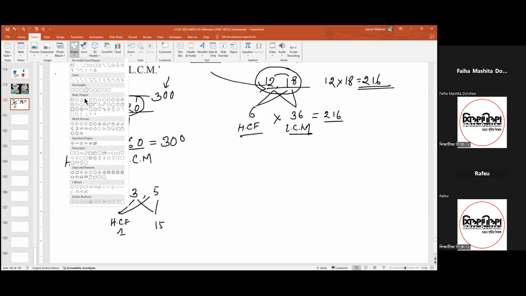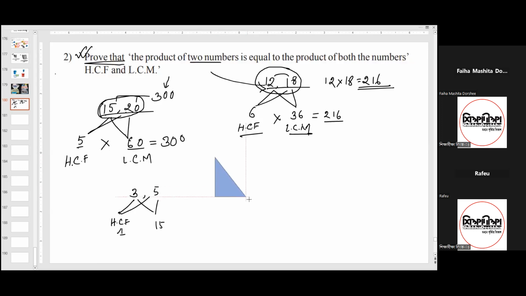Suppose I take a right triangle, and you can draw infinitely many different types of right triangles.